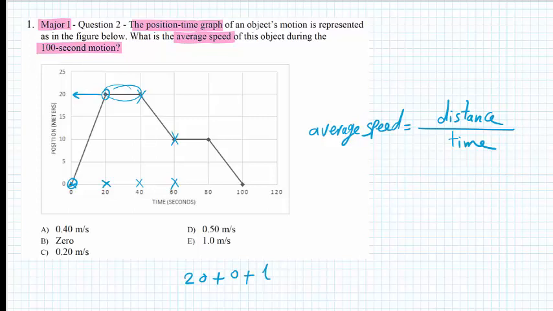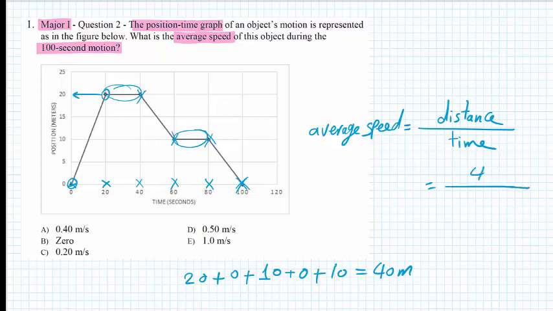So it moved 10 meters. Then, from 60 seconds to 80 seconds, it stopped. That means 0 meters. Plus, from 80 to 100, it moved from the position 10 into the position 0. That means 10 meters. If you accumulate all of them together, that's 40 meters. This is the total distance.